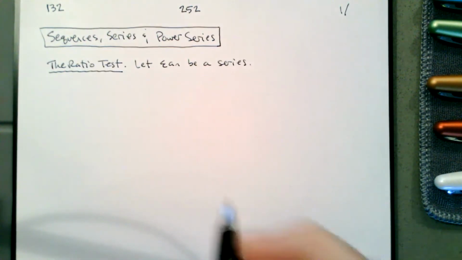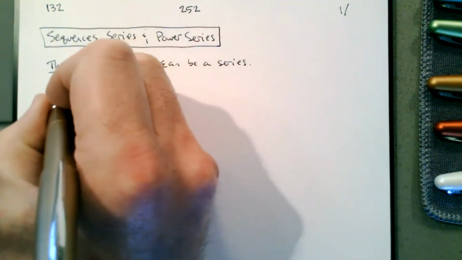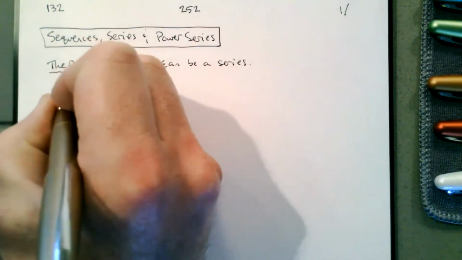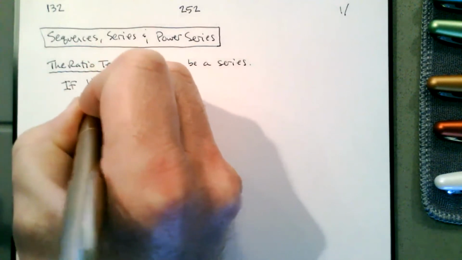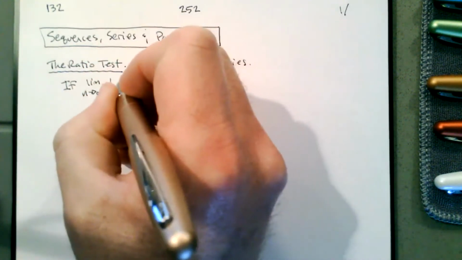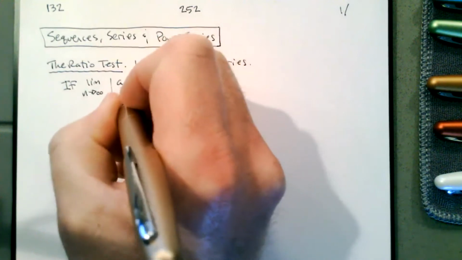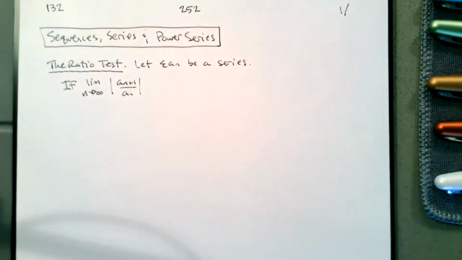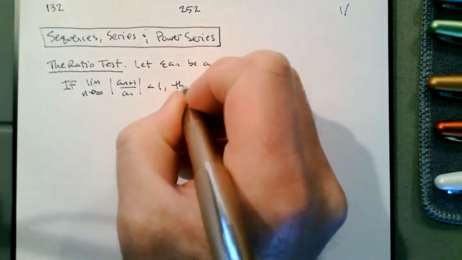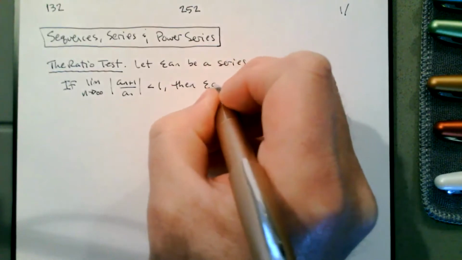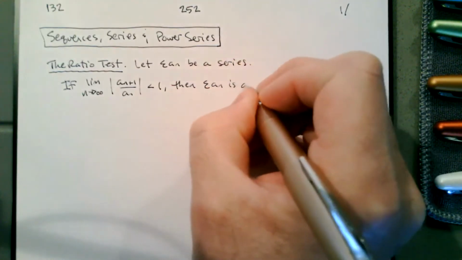The limit from the ratio test, we'll say if the limit as n goes to infinity of the absolute value of AN plus 1 over AN is less than 1, then the series is absolutely convergent.